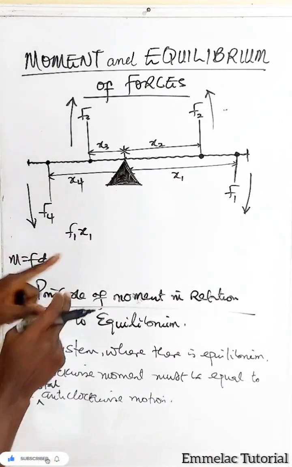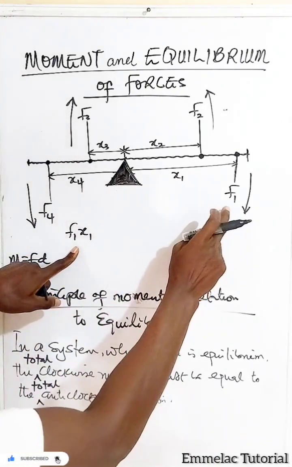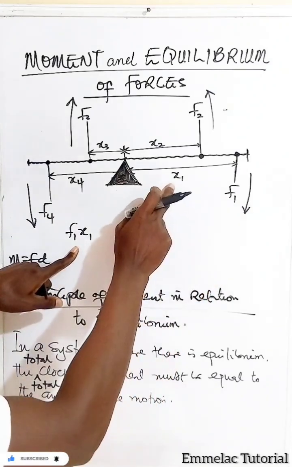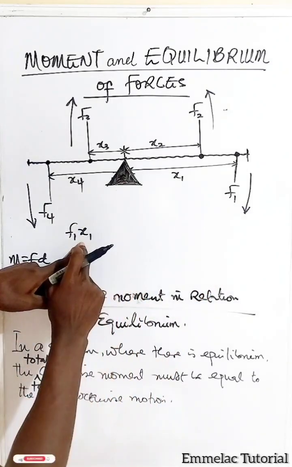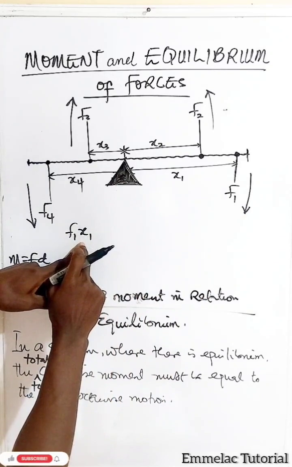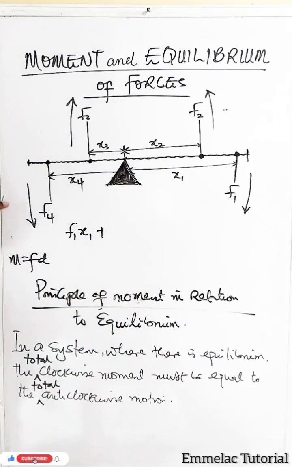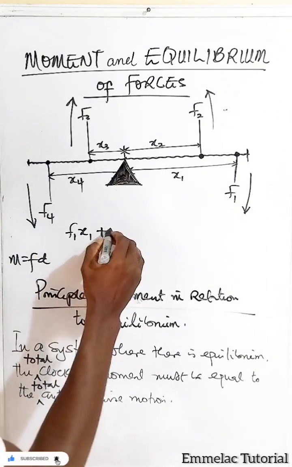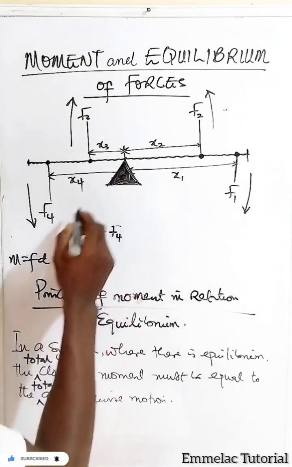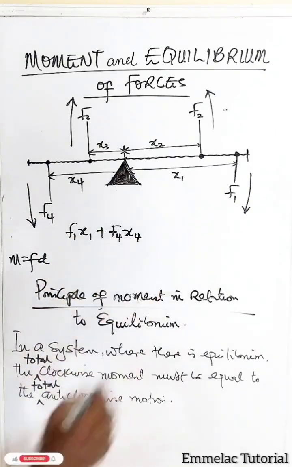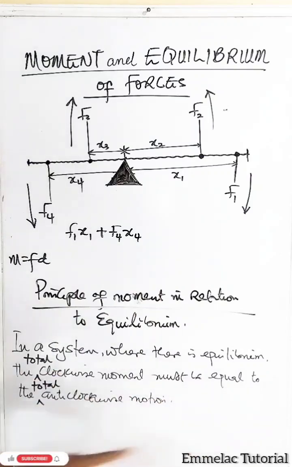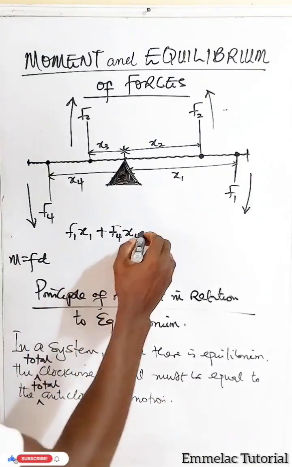So the first one, F1, the distance from the pivot, x1, then plus the second clockwise moment, which is F4, will be F4 times x4. Now take note, it must be equal to the anti-clockwise moment.